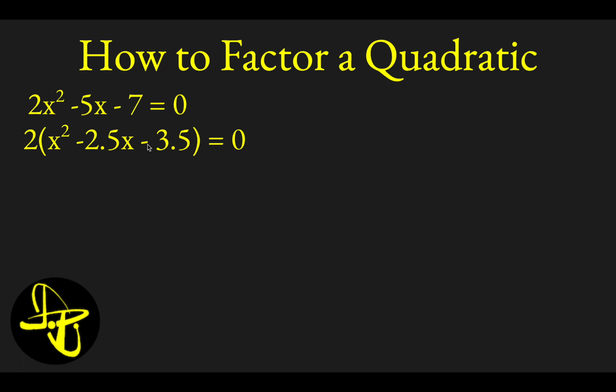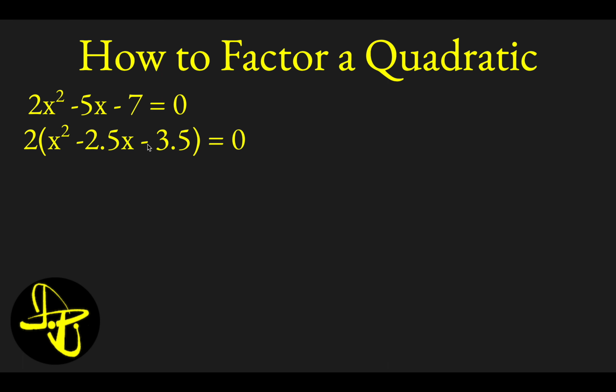And what I like about doing it this way is then I can follow the same process that we just followed, where you look at the last number and say which two numbers would multiply together to give me negative 3.5, and which numbers would add together to give me negative 2.5. And so what you're going to find out is that negative 3.5 and positive 1 would do it. And so what that means is this expression properly factored would look like this.